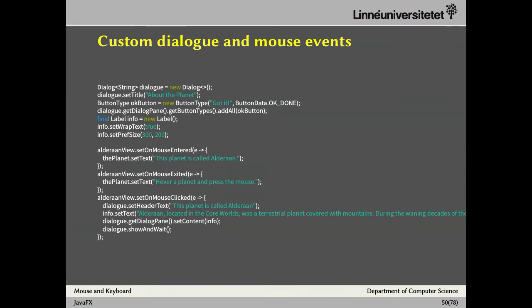And then we have three listeners for all the images. So for each and every image we do this. For Alderaan view, which is the image view for the planet Alderaan, we use setOnMouseEntered. So when we put the mouse pointer above the image, which is Alderaan, it will set the text to "This planet is called Alderaan".